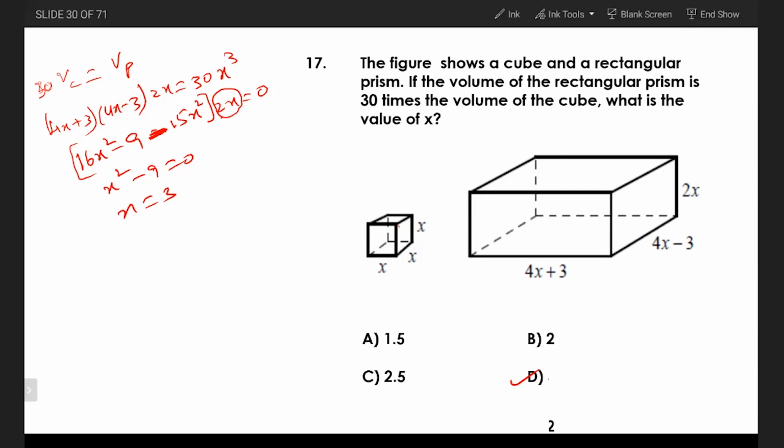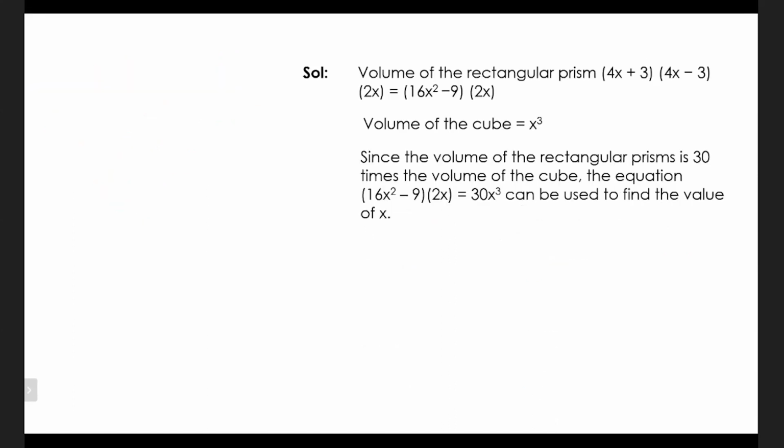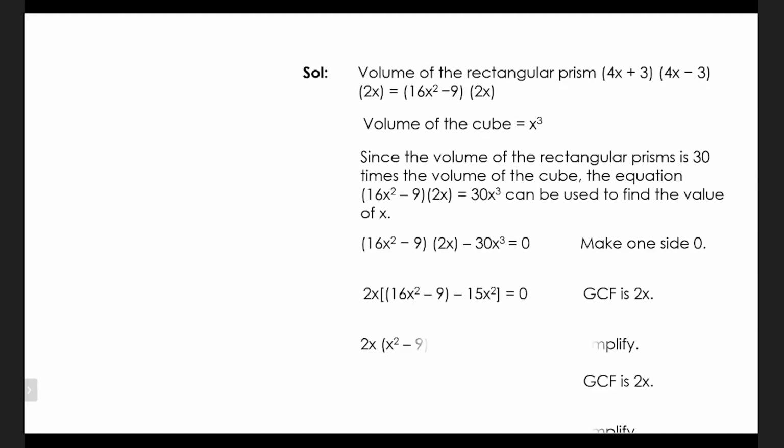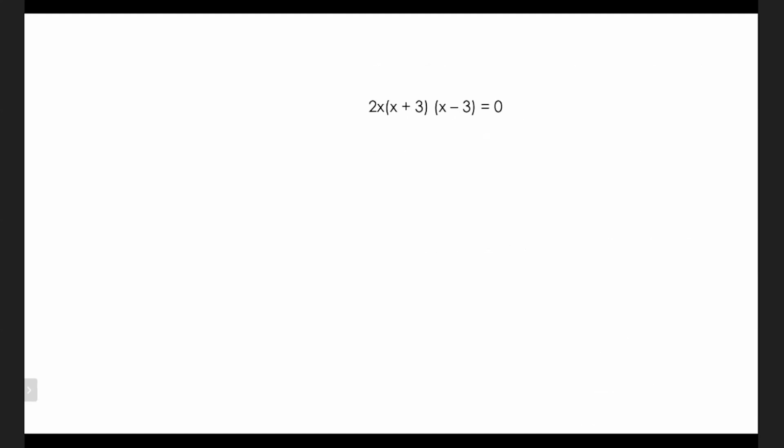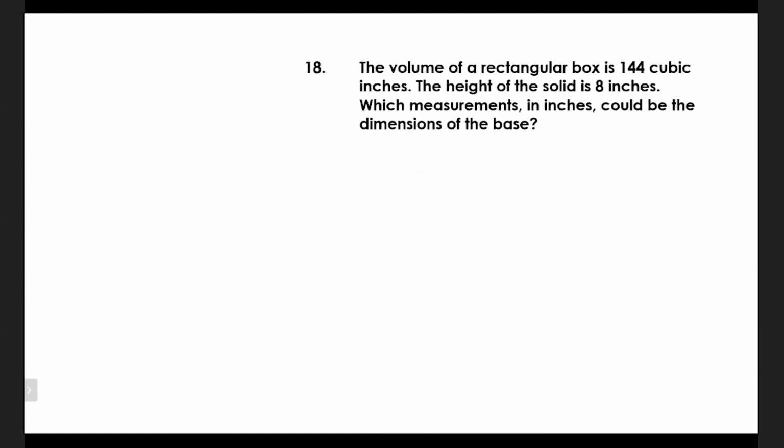Let's go to the next question. The volume of a rectangular box is 144 cubic inches.